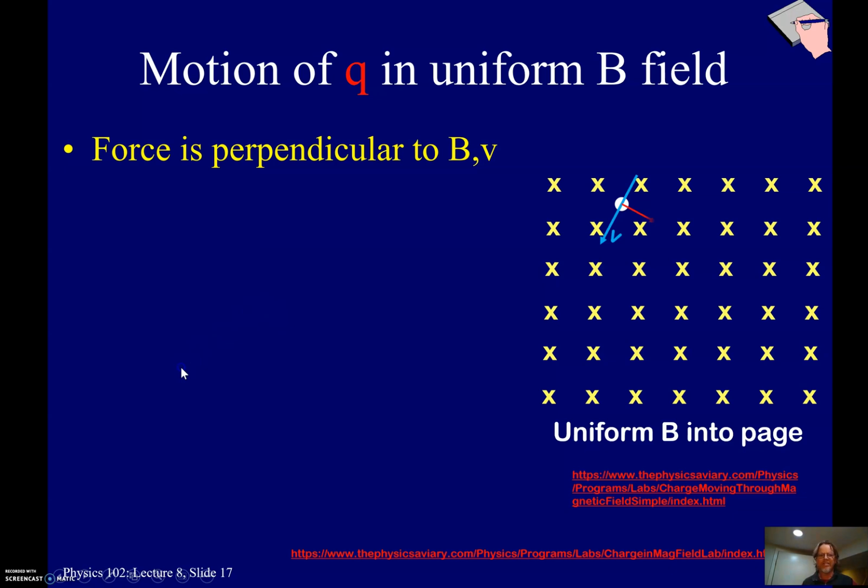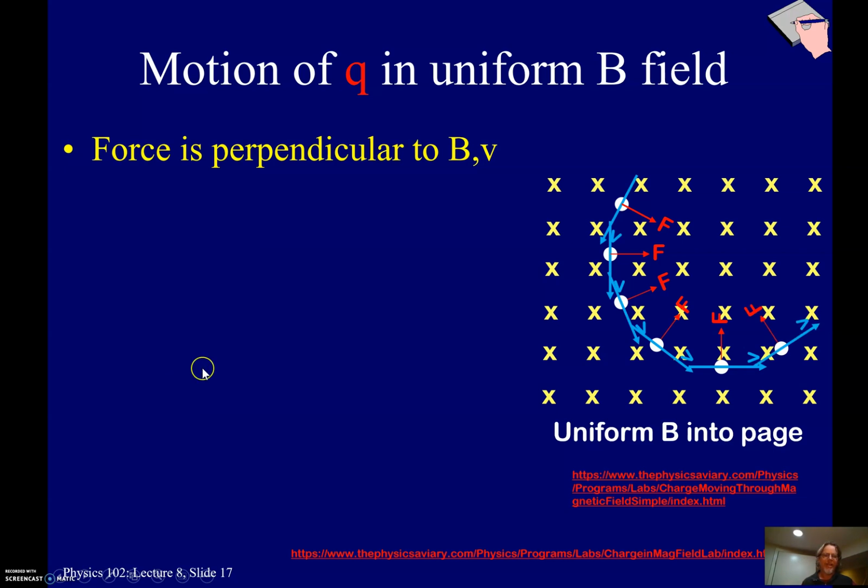As it moves, now the force is downward, the field is still inward, and the force is still towards the inside. As this thing turns, because the velocity is still perpendicular to the field, the force is still towards the inside. What do you notice happening to this particle?